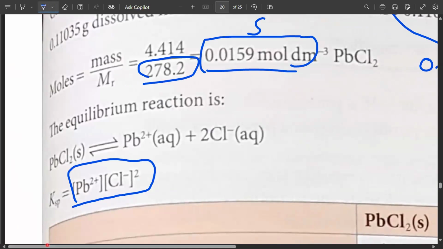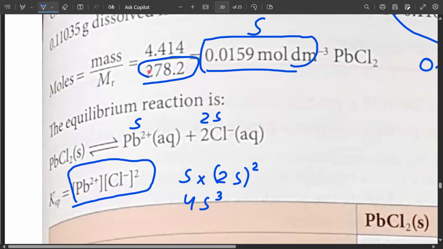Now I can simply write in the other way that if it is S and this is 2S, then I will put these S and 2S in the equation. So it will become S into 2S with square. Not like this, 2S whole square. S into 2S whole square. Now doing further calculation, it will give you 4S cube.